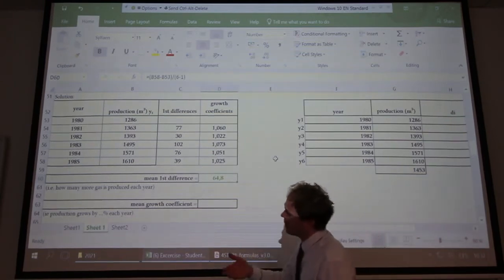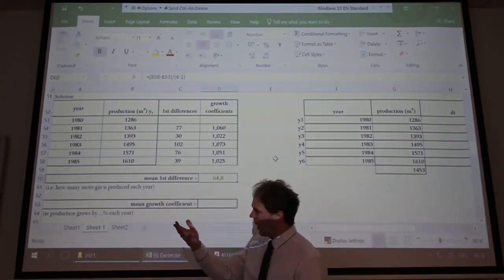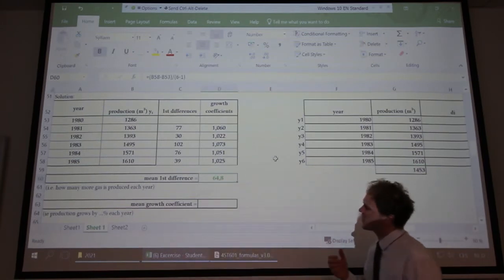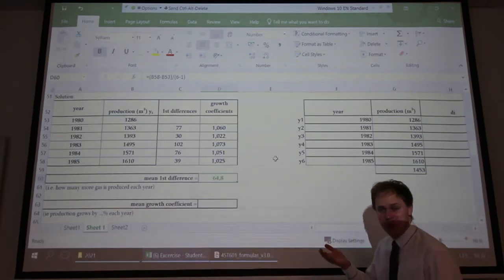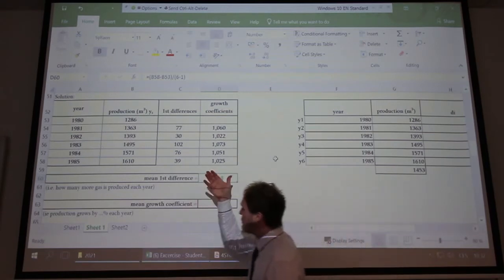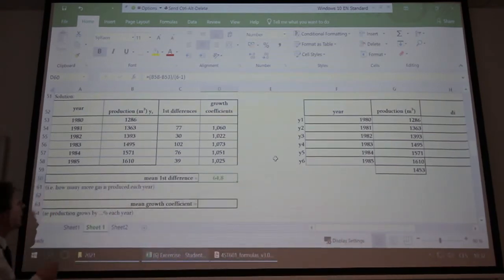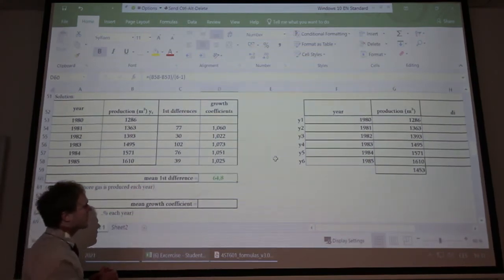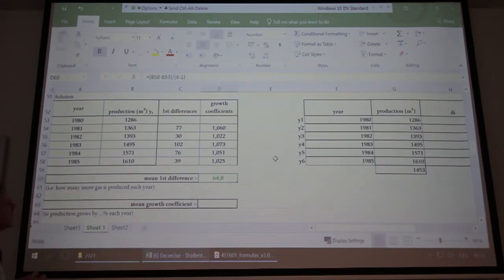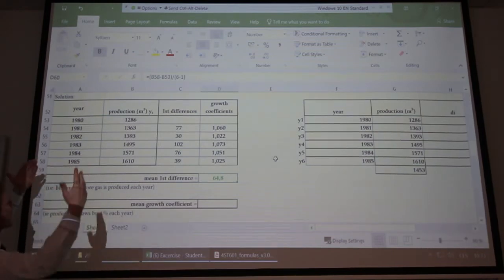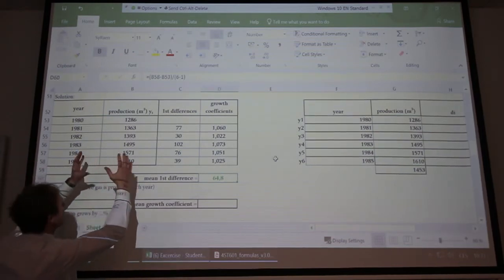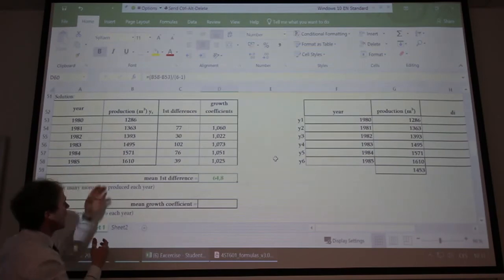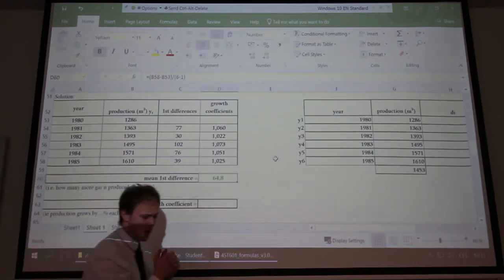Every year you produce more gas, more by 64.8 cubic meters. So this is the average increase every year. The disadvantage of this mean first difference is that it doesn't take into account the development inside the time series.